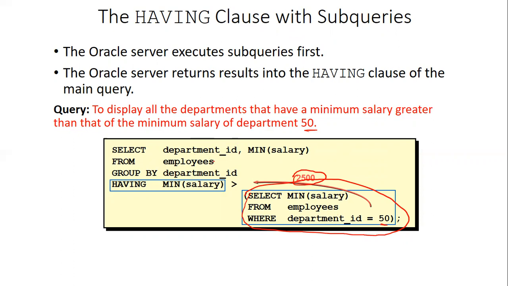So you can group the departments and then check which department has a minimum salary greater than the minimum salary of department number 50. In that case you can use the having clause. The having clause will eliminate the departments whose minimum salary is less than or equal to the minimum salary of department 50. Is that okay?